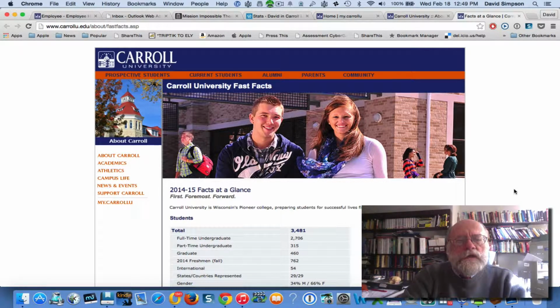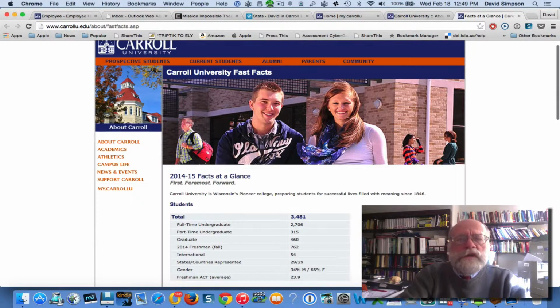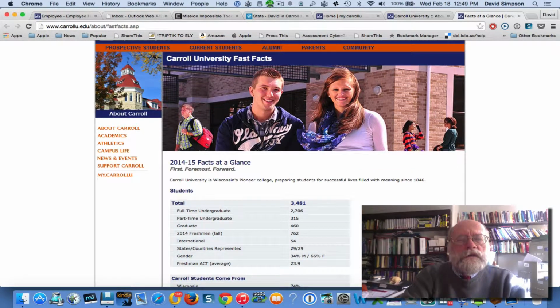And here are some 2014-15 fast facts, but I don't think that's the data book, and it kind of looks like we're changing Carroll's motto: fast, foremost, forward. I'm not sure what that means, despite it being somewhat alliterative. And I do see that Carroll University is Wisconsin's pioneer college. I'm not sure a university is a college. Preparing students for successful lives filled with meaning since 1846. I just want my fact book.